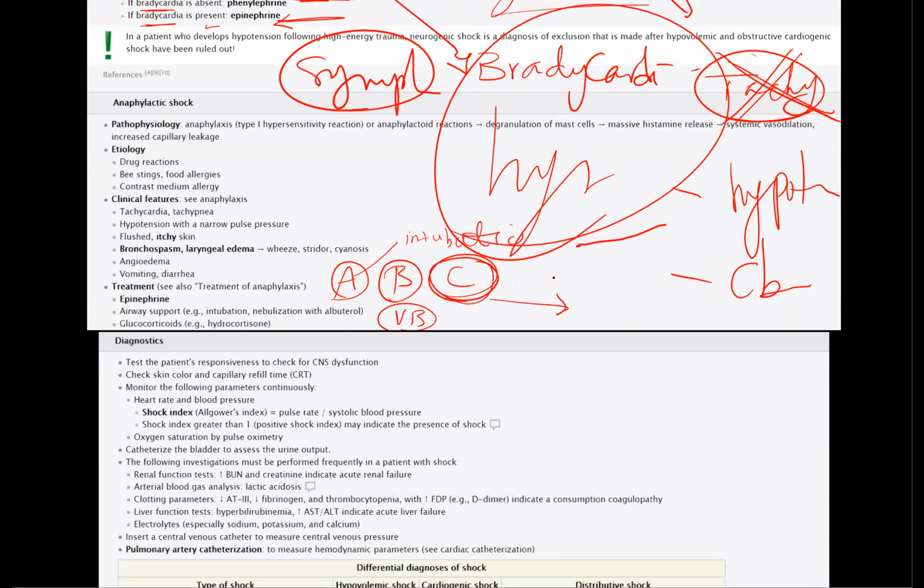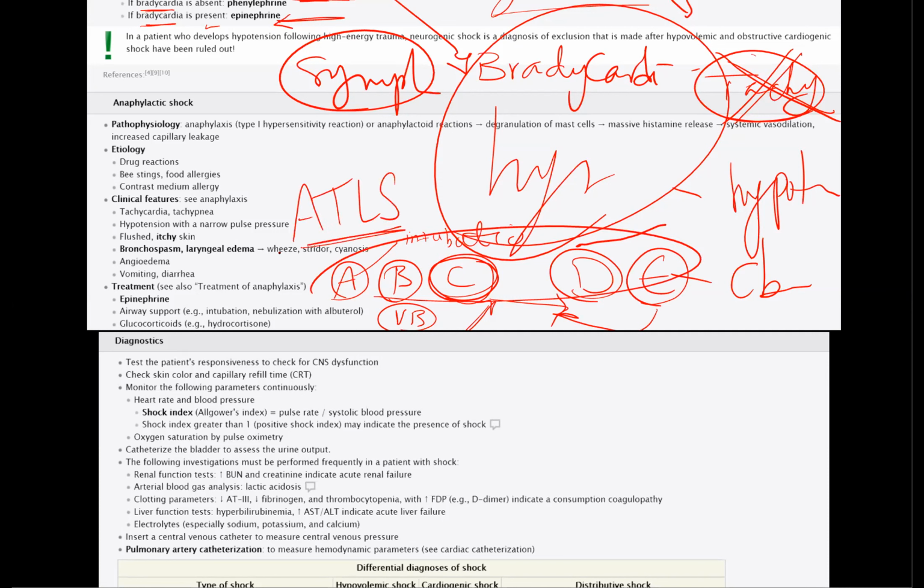Take bloods for lab, give two IV cannulas, and check for any source of bleeding. Measure blood pressure, capillary filling, pulse oximetry, then disability, checking GCS and AVPU. Then exposure to discover more, then reassess and re-evaluate. This is called the ATLS protocol, Advanced Trauma Life Support.